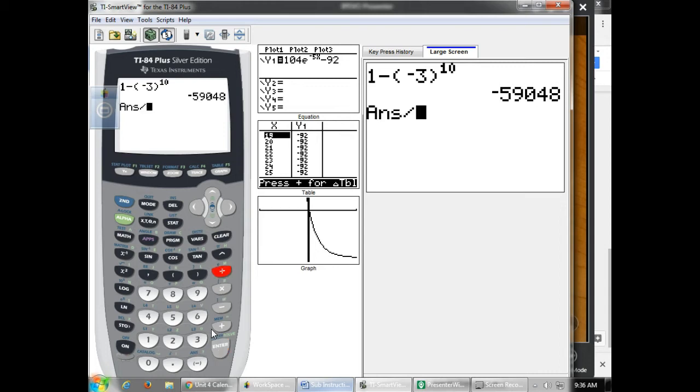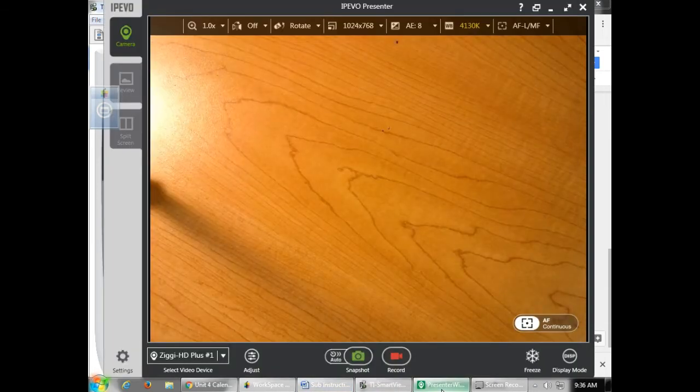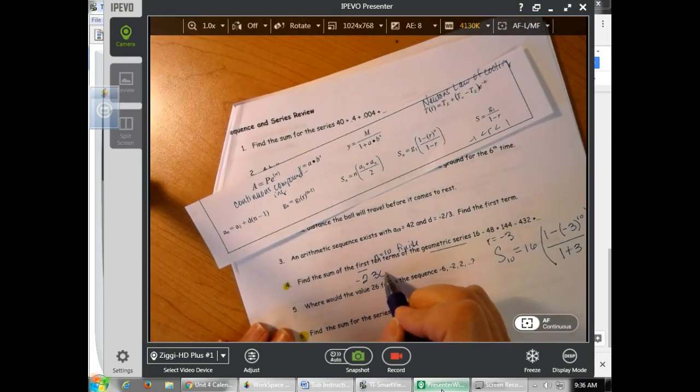And then I'll divide that by the 4. And then I'm going to multiply that by my starting term of 16. The last two steps could be done either way. Okay, so my answer is going to be -236,192. So I just want to make sure you understand how to do one of those.